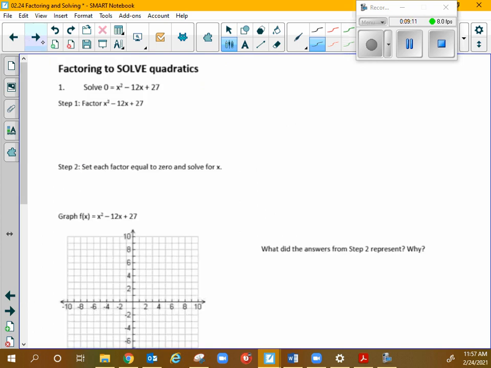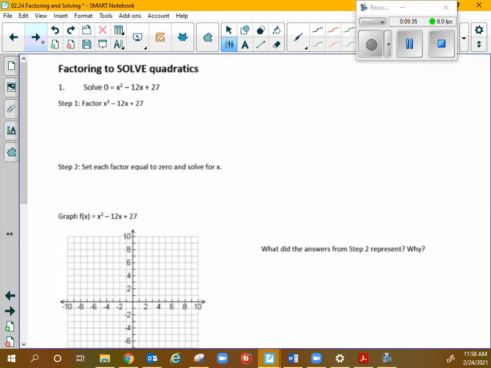We're going to factor and solve now. Before it was just expressions, right? Negative x squared plus x minus 7. That didn't equal anything. Now, I've got x squared minus 12x plus 27 is equal to 0.